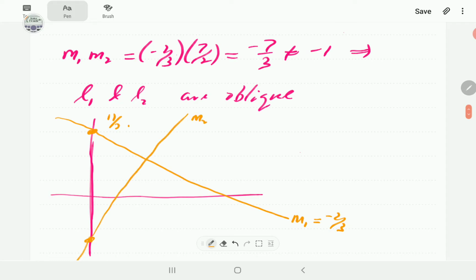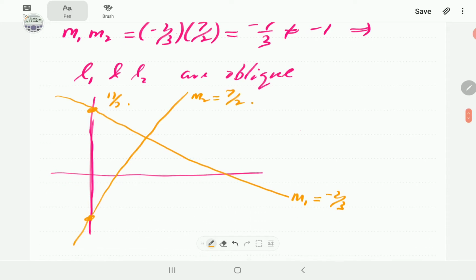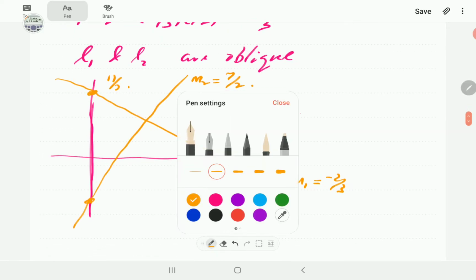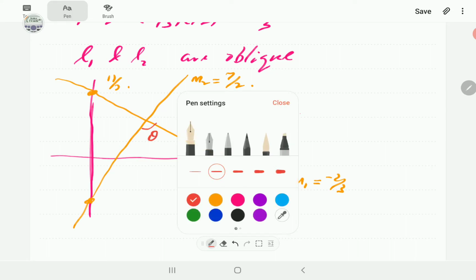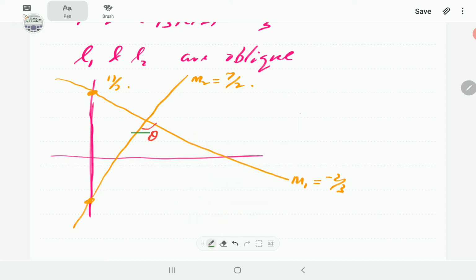For the angle of inclination, we are looking for this angle here. So what I want to do is make use of this triangle here.